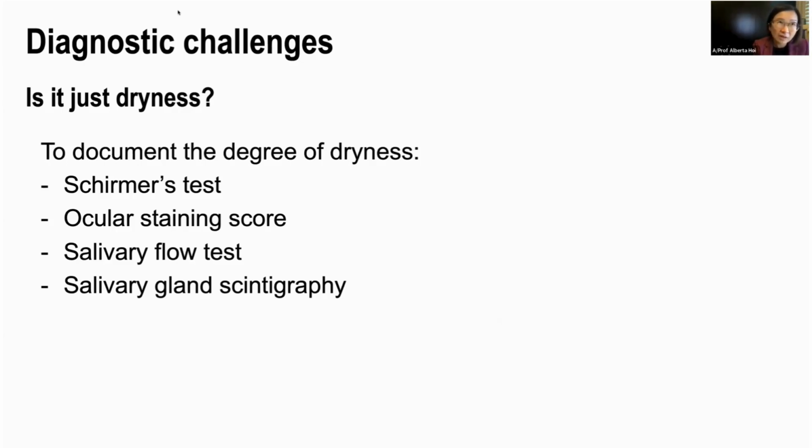But we do know that subjective dryness and objective dryness often don't go hand in hand. Some people can be very dry, and when we measure them, there's not a lot of objective dryness. And the same goes the opposite. Sometimes they can be quite objectively dry, but it doesn't trouble them that much.